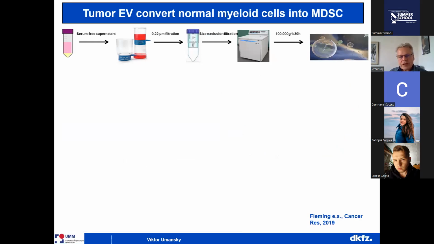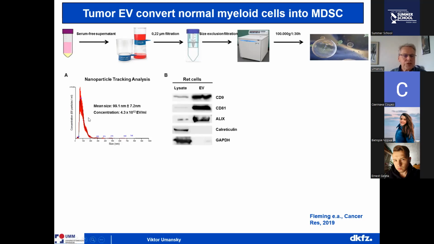So what we did in our experiments, we isolated exosomes from tumor cells, melanoma cells, using serum-free supernatant and ultrafiltration, and then centrifugation. What is important is to show that you are really dealing with extracellular vesicles.